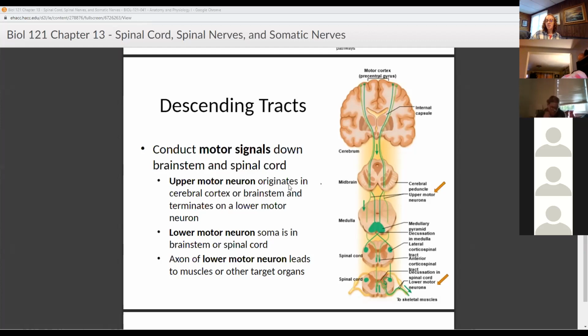So the upper motor neuron is going to originate in the cerebral cortex and terminate on a lower motor neuron. The lower motor neuron is in the brainstem or the spinal cord, and it's going to lead out to the muscles or other target organs.